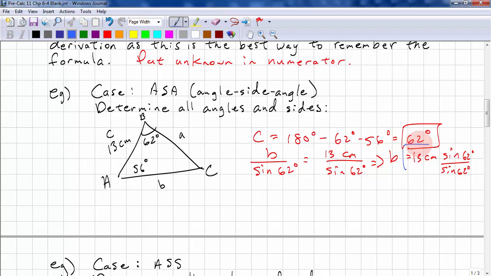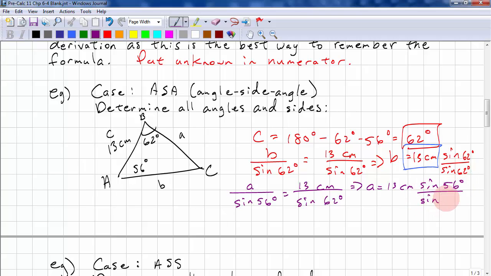So b is simply 13 centimeters. Now we have a over sine 56 equals 13 centimeters over sine 62. This could be b or c. It doesn't matter because they're both equal. So we have a equals 13 centimeters times sine 56 over sine 62.